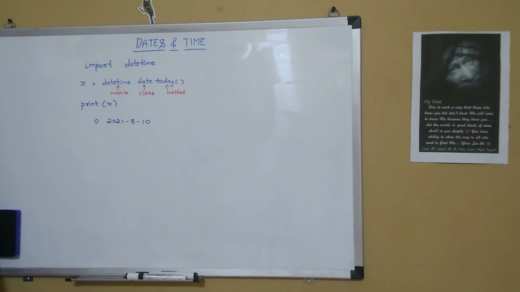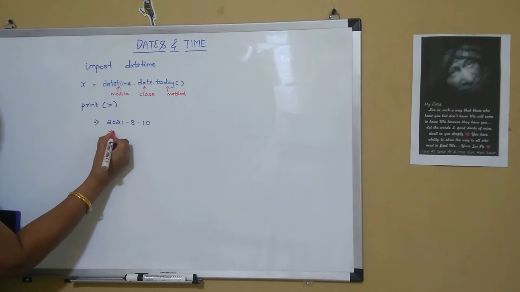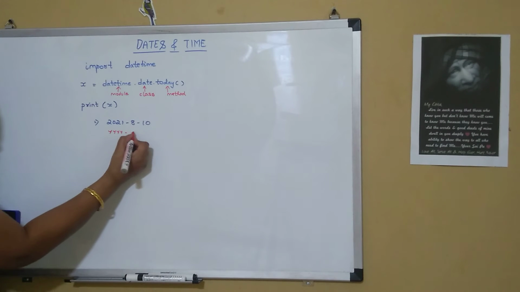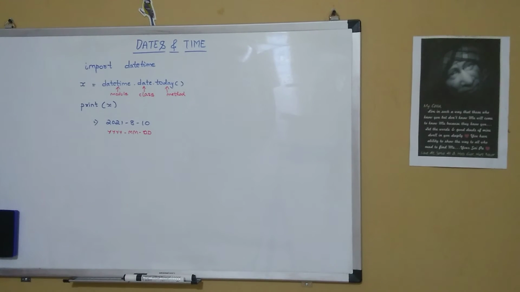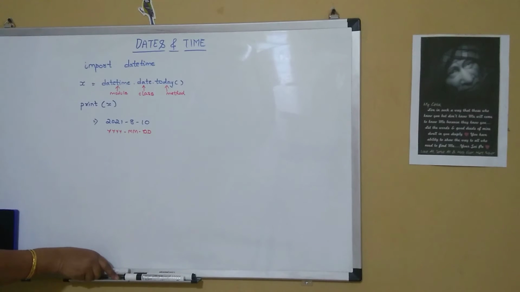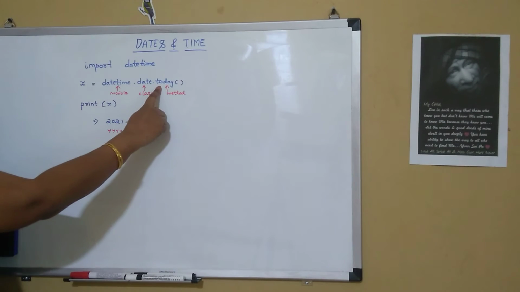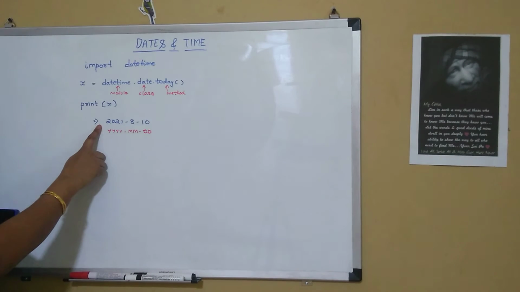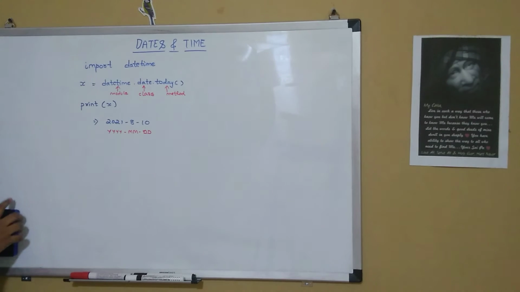Basically I get it in the format YYYY hyphen month and then day. So the date gets printed on the console in YMD format, returning today's date.